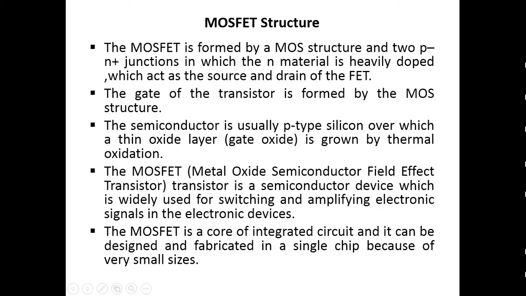The MOSFET is a semiconductor device widely used for switching and amplifying electronic signals in electronic devices. MOSFET is the core of the integrated circuit and it can be fabricated on a single chip because of its very small size.